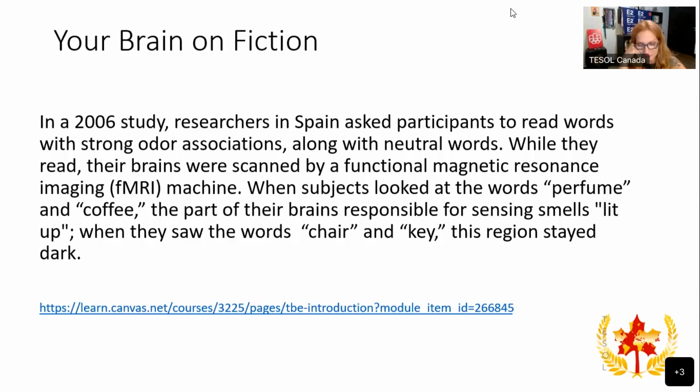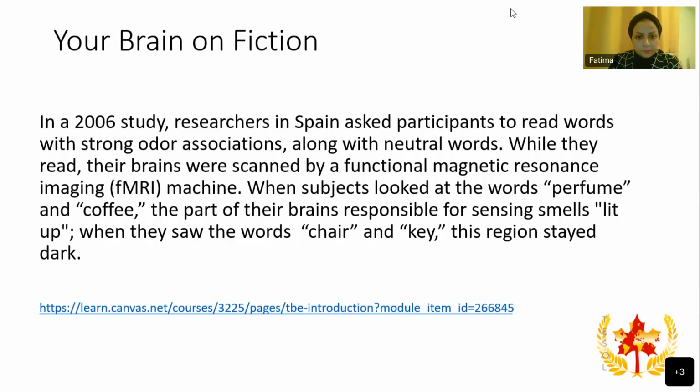Okay. It wants to talk about the effect of those words with some smell or with a strong smell. How does it affect the brain?